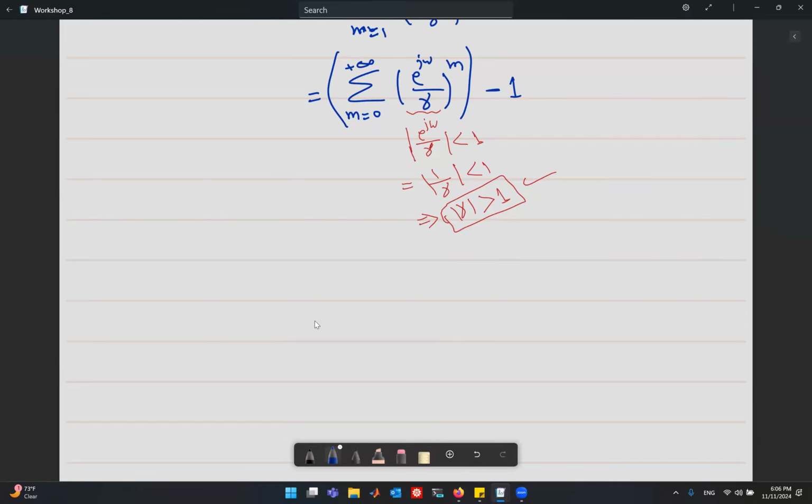And then it converges to this value: 1 divided by 1 minus e to the j omega divided by gamma, and then we have minus 1 here.